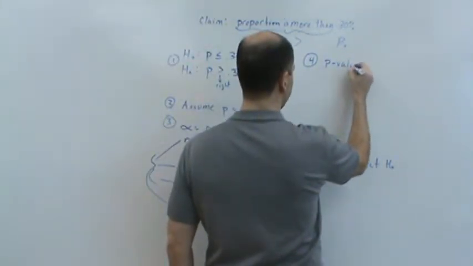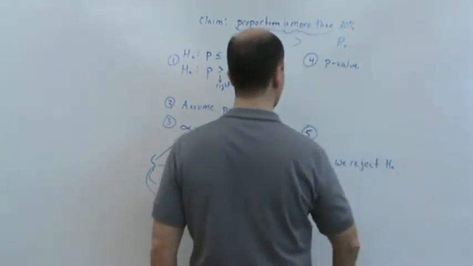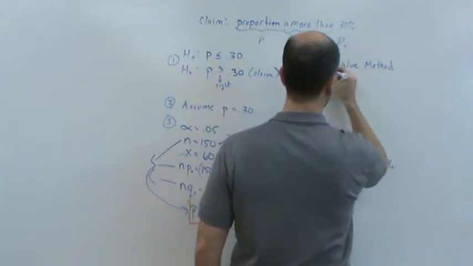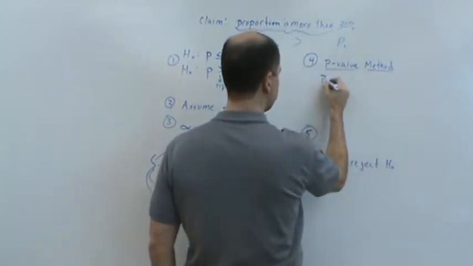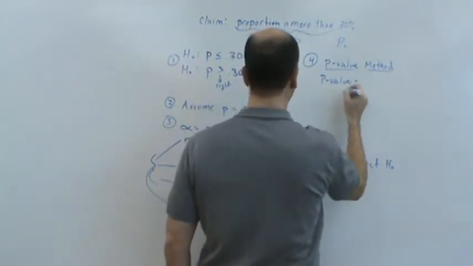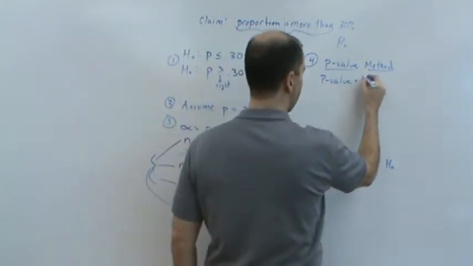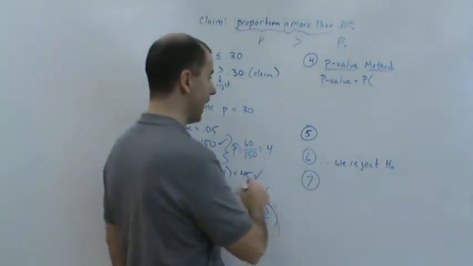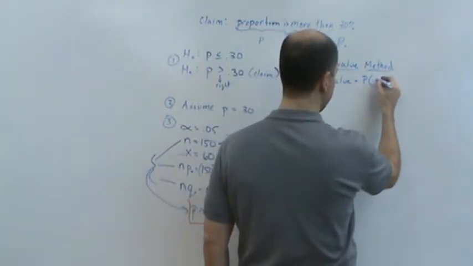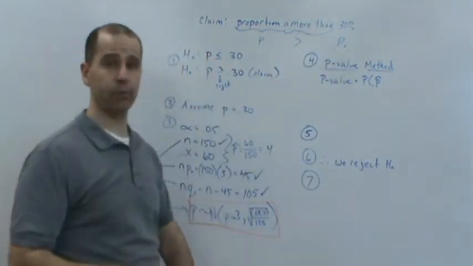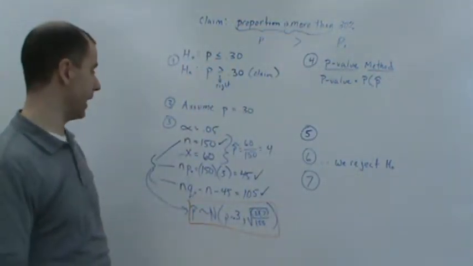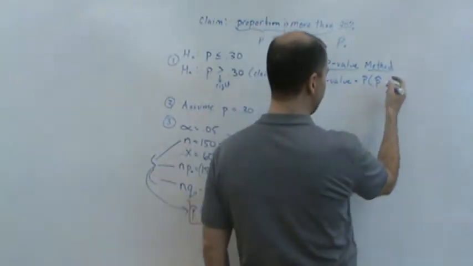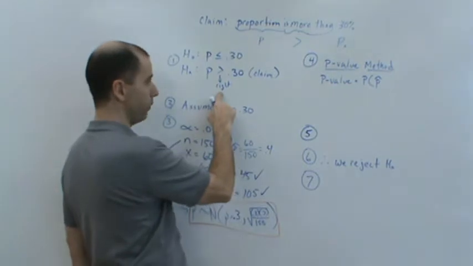So in this case, because it's a right-tailed test, the p-value is the probability that my sample statistic, p hat, is as extreme or more extreme than what I got. Well, what did I get? I got a p hat of 0.4. So what's the probability that p hat is greater than or equal to 0.4?